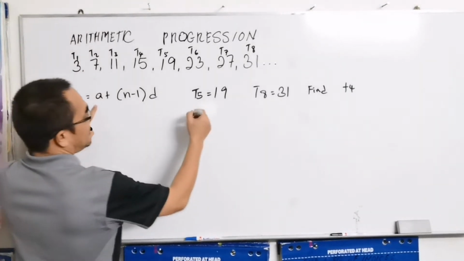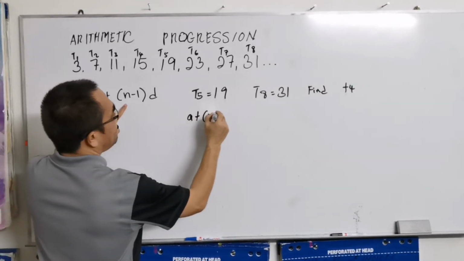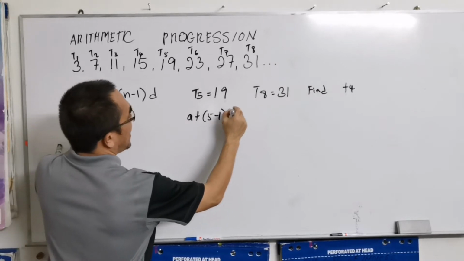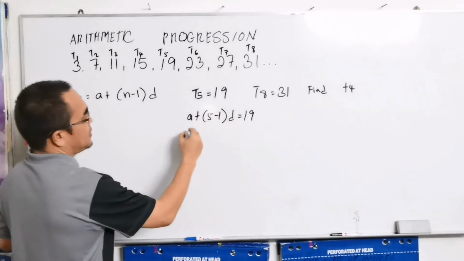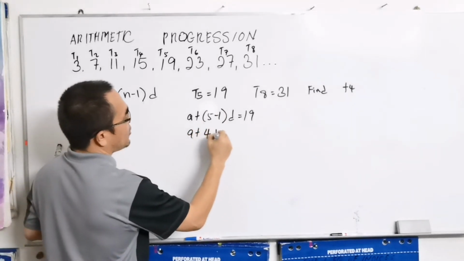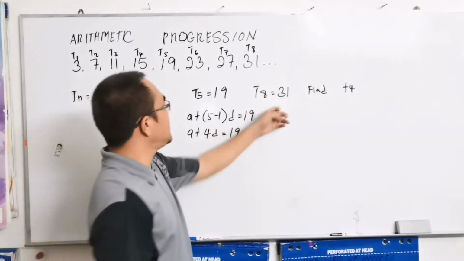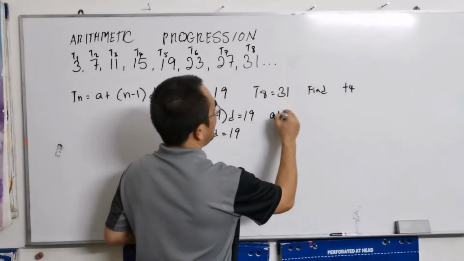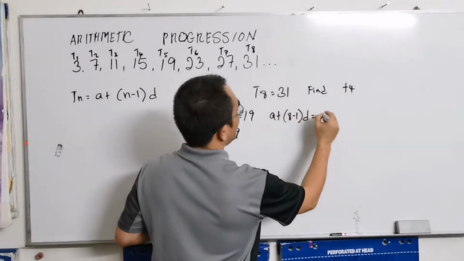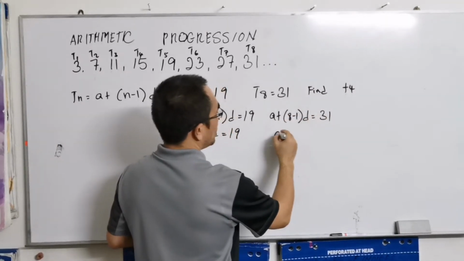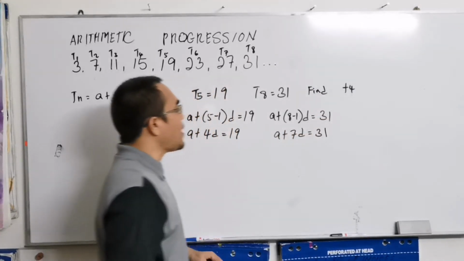So in this case it is A plus, in the bracket, 5 minus 1 times D equals 19. Simplified, you have A plus 4D equals 19. And work on this equation also: A plus 8 minus 1 times D equals 31. So A plus 7D equals 31.